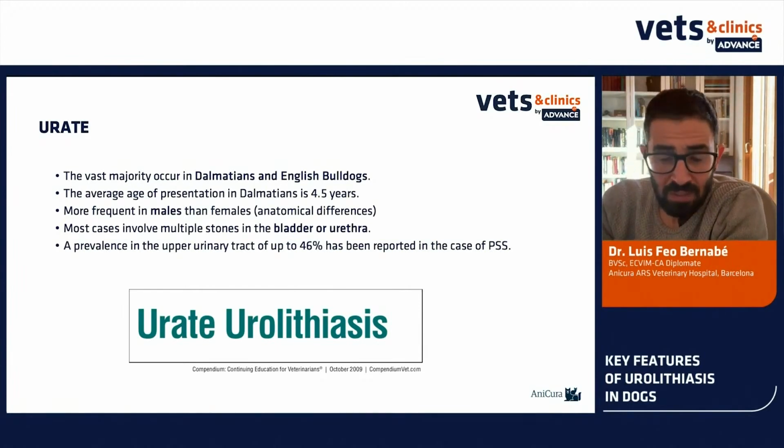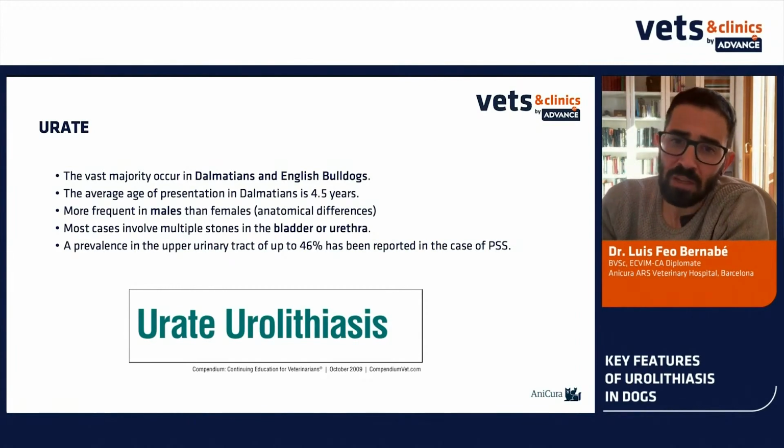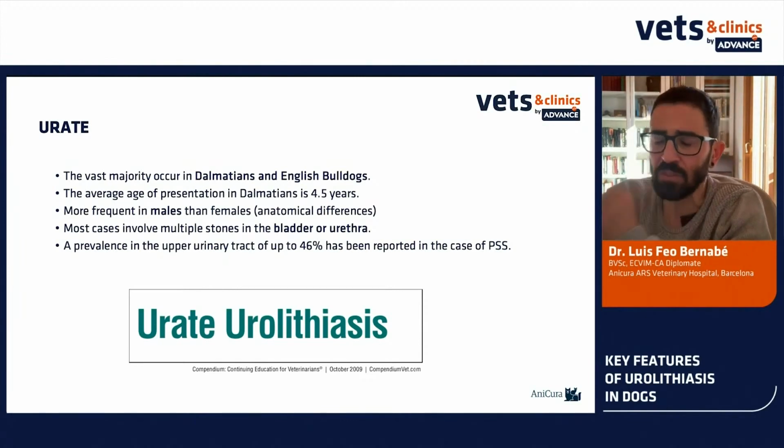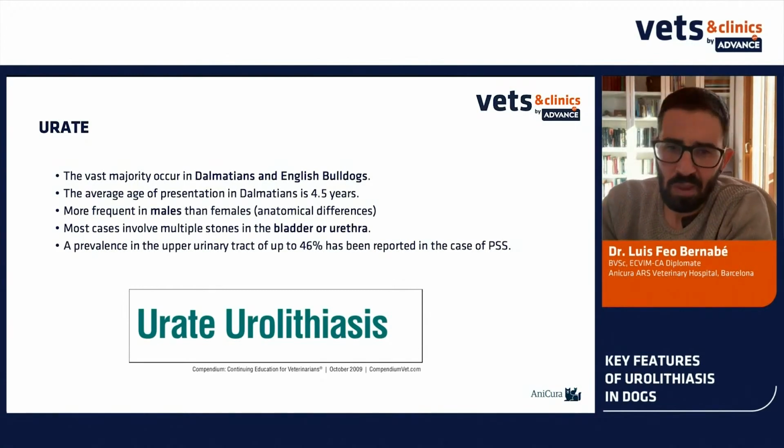But it's interesting to remember that a prevalence in the upper urinary tract of 46% has been reported in cases of portosystemic shunt. So in cases where you have a liver disease, you will have around 50% of the cases in the upper urinary tract.